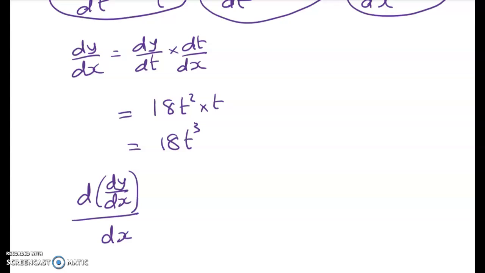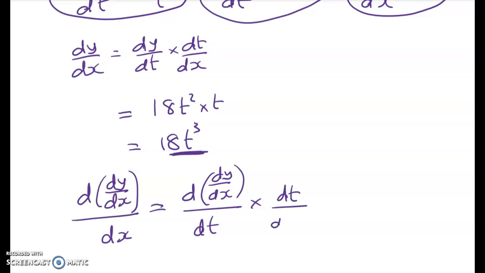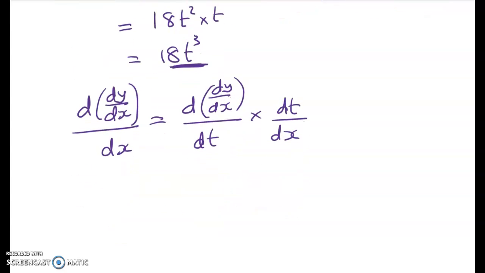But when we look at our first derivative, dy by dx depends on t. So we have to use the chain rule to differentiate it with respect to x. We can differentiate with respect to t and then use the chain rule to finish it off and get the derivative with respect to x.